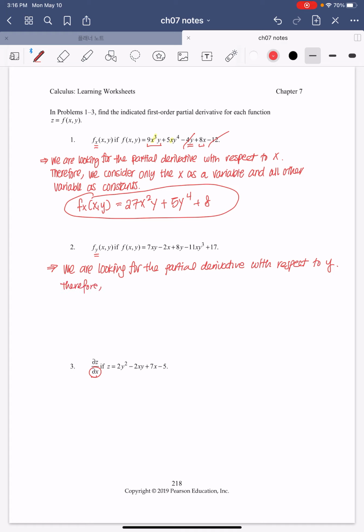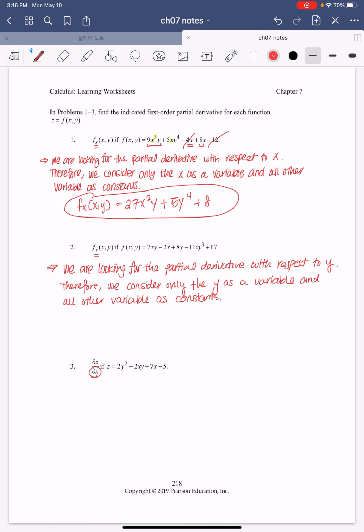Therefore, we consider only the y as a variable and all other variables as constants.